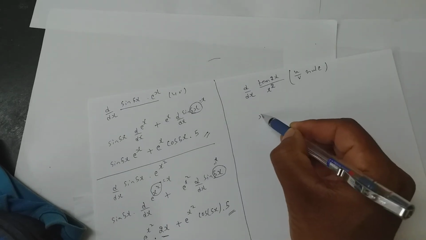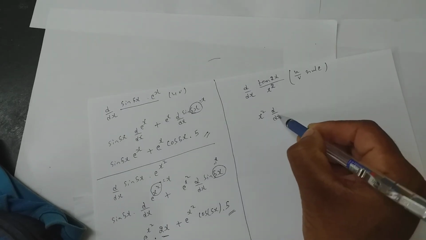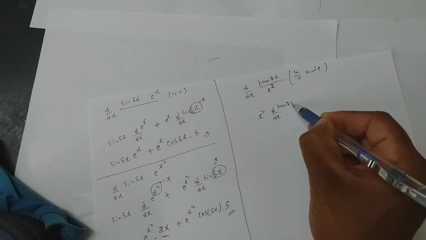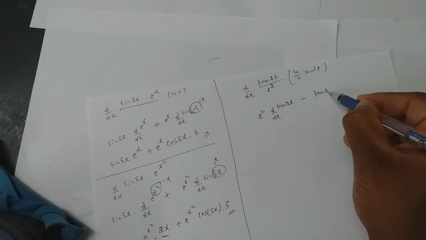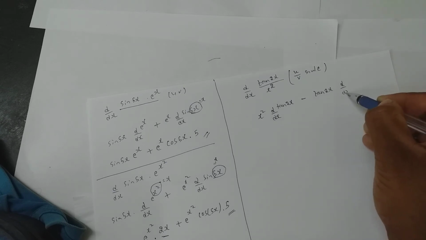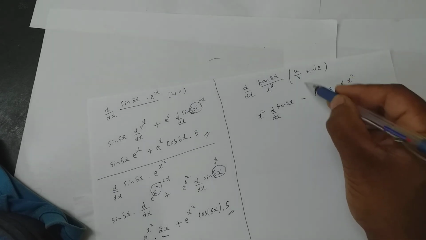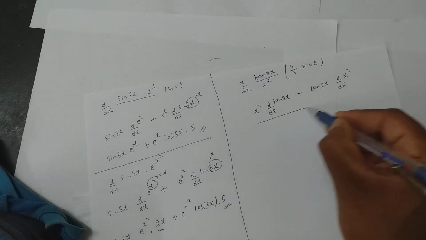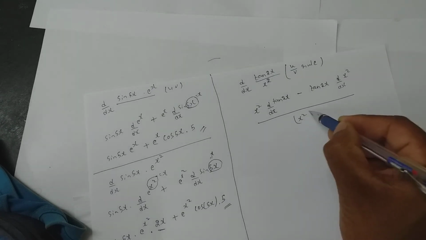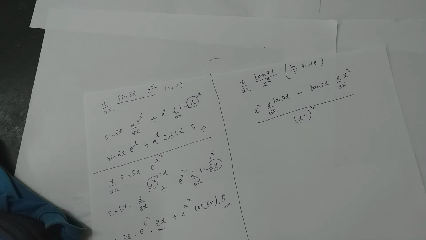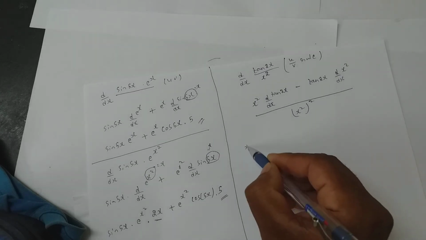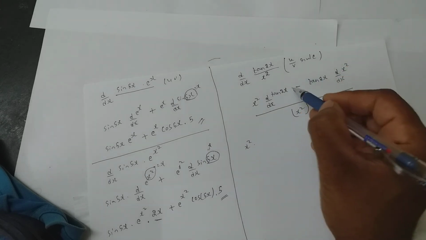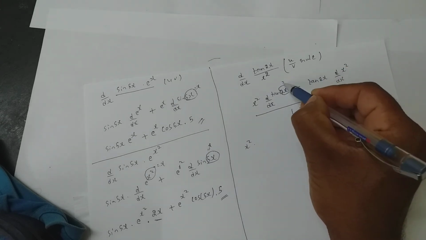Differentiate the numerator first. So x square into d by dx of tan 2x minus, now differentiate the denominator, tan 2x into d by dx of x square. In the quotient rule you get a negative sign, divided by denominator square. This is a formula which we have learned earlier. So now it becomes x square into, again it should be assumed to be x.